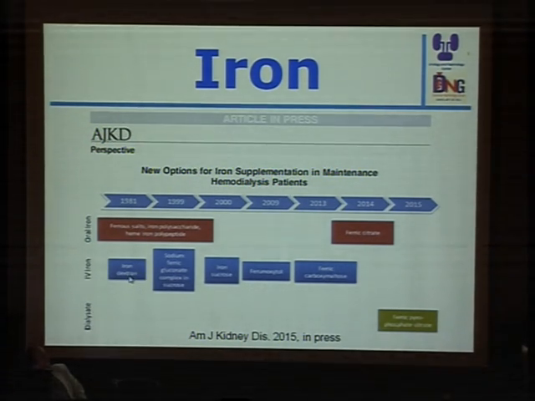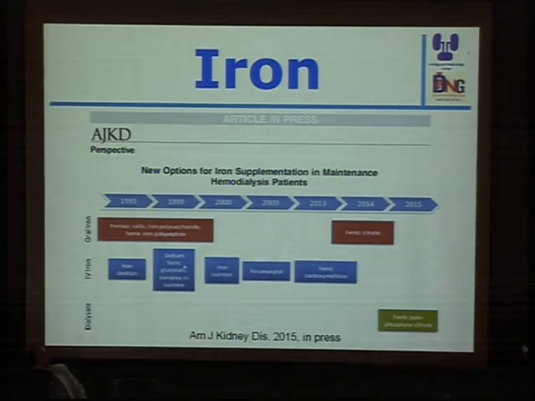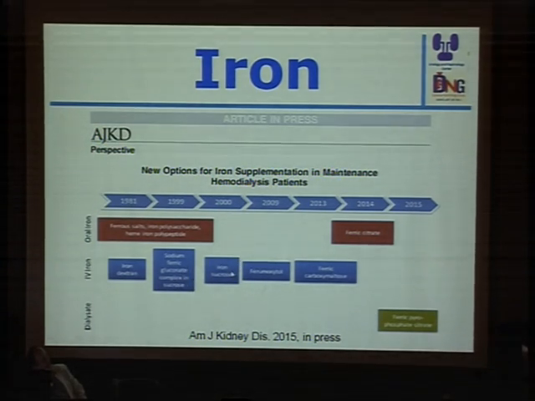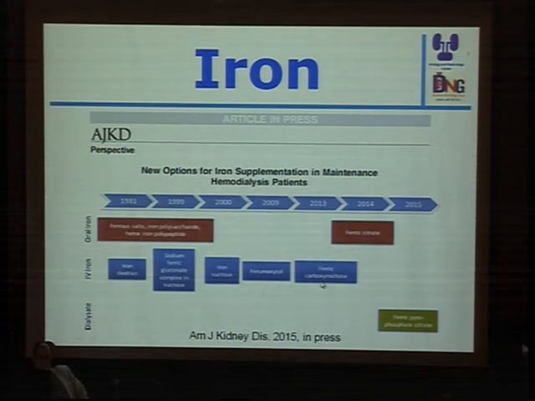So in the early 80s, what we have is ferrous sulfate, for example, and iron dextran in intravenous form. And then through the years, you'll find different parenteral forms like ferric gluconate, iron sucrose in 2000, ferumoxytol in 2009, and in 2013 ferric carboxymaltose.